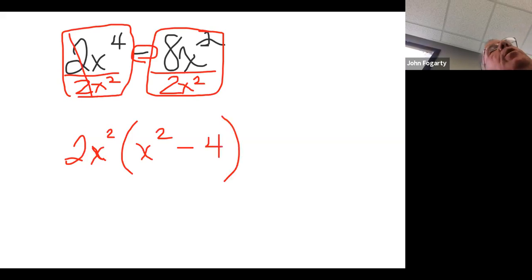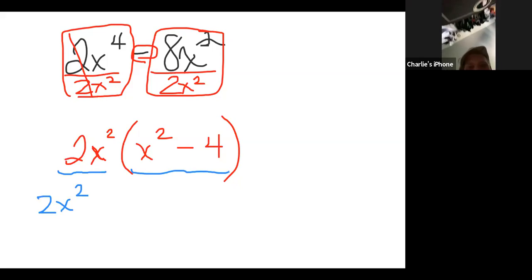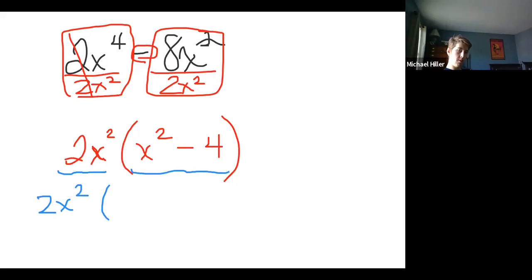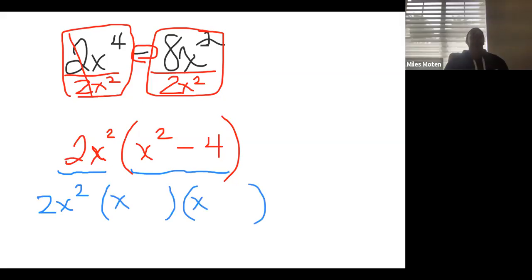All righty. Now, if on your quiz, you leave that as your answer when it says factor completely, you have factored it, but you haven't factored it completely. Well, this factor here is fine. But what is this? What's x squared minus 4? Is that the difference of two squares? Yes: x plus 2, x minus 2.